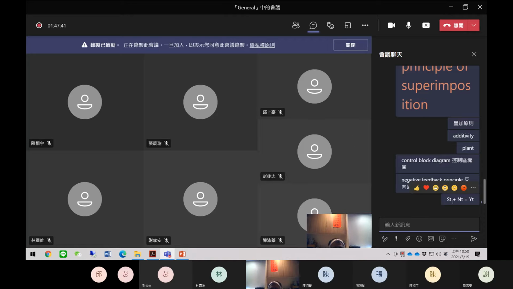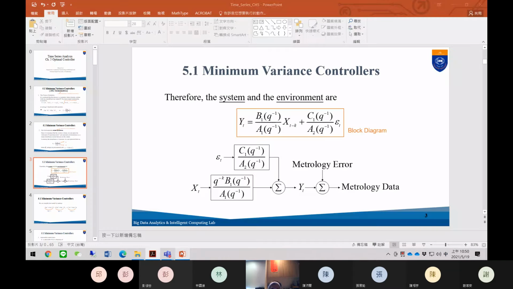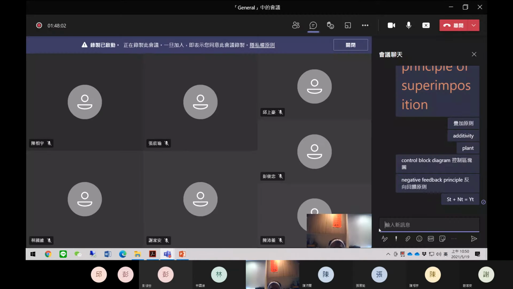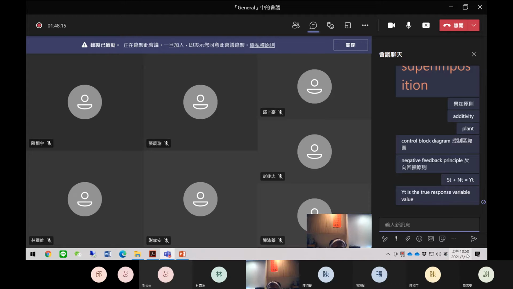So the signal plus disturbance equals the output. Then this is Y_t, the true response. So Y_t is the true response value.